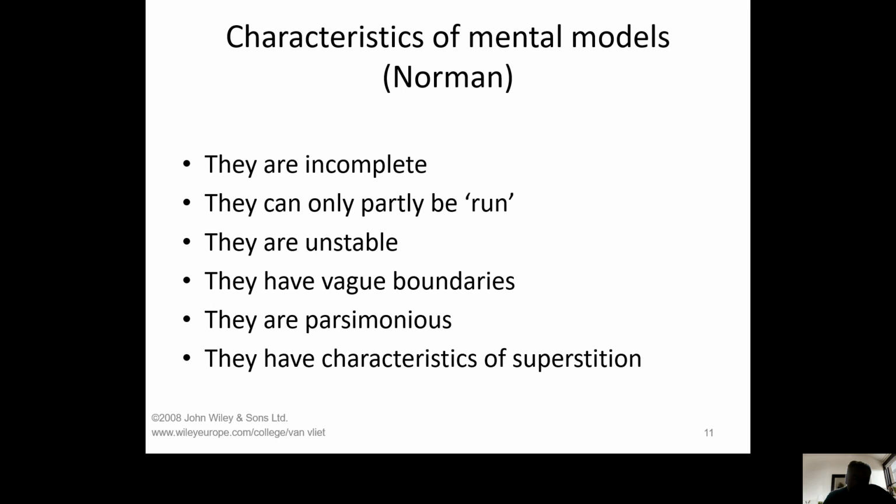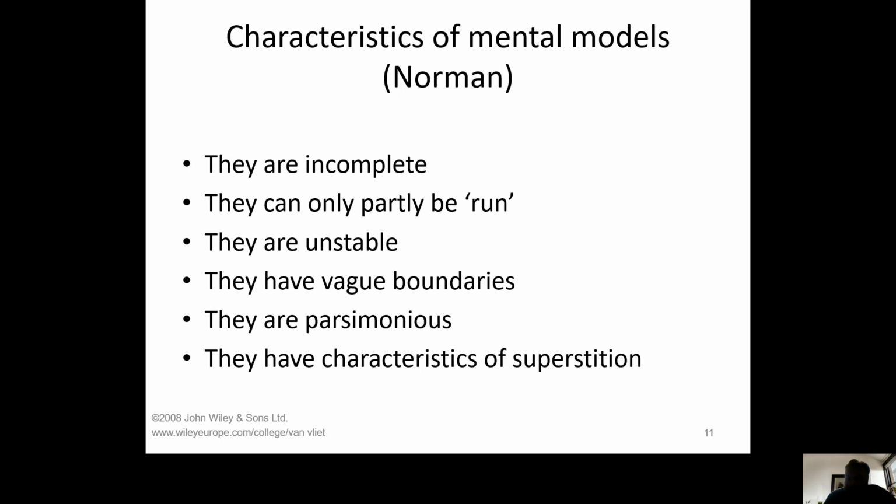His ideas are, and this is a very important slide by the way, the characteristics of mental models, like people's perception. They are very incomplete. People don't have a full view of things. They can only partly be run. A lot of ideas that you have about something are not all applicable; only part of it is applicable.